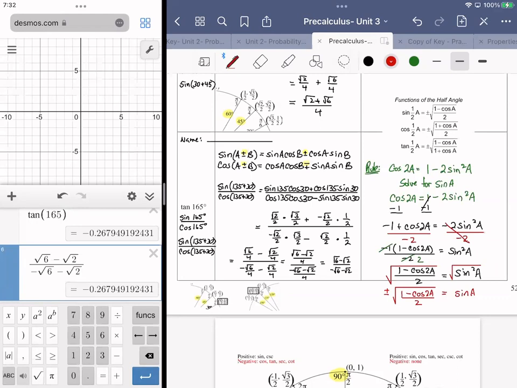Now, what's happening here is we actually have the half angle identity. This is a function of a half angle. And so if you look at the rule here, you see that the structure is identical. Right? It's got the same exact structure. It's the sine of something equals plus or minus a radical 1 minus cosine of something over 2.